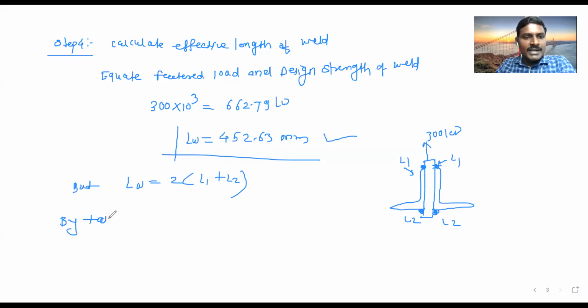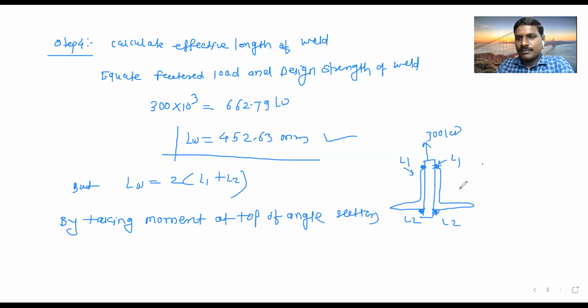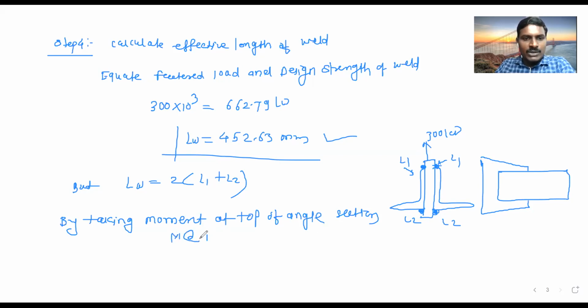Now next, by taking moment at top of angle section, it means we have to take the moment at top and at bottom. So M at top is equal to 0.